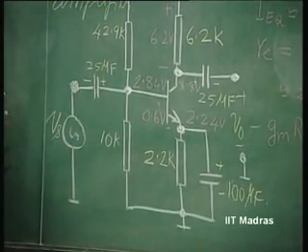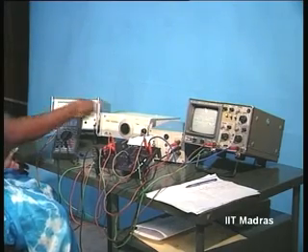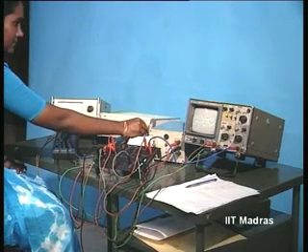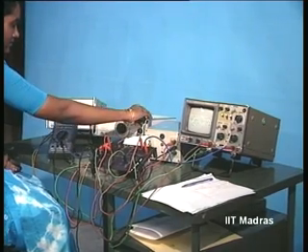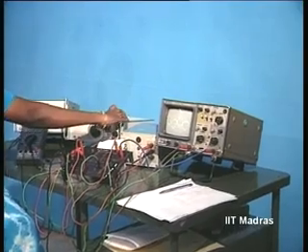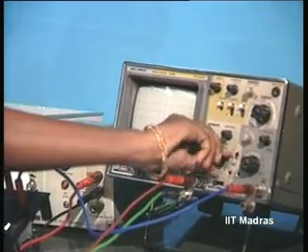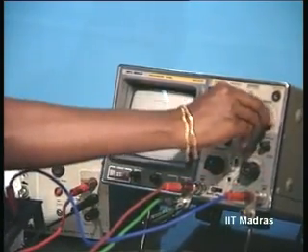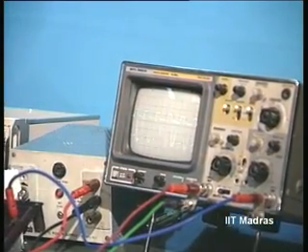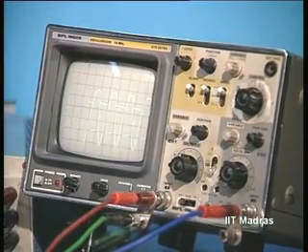Now Padmavati will increase the signal level slowly and show you what happens to the output. Distortion will occur. You can see that the top portion of the waveform is broadening out. Lower the signal level further, too much signal.